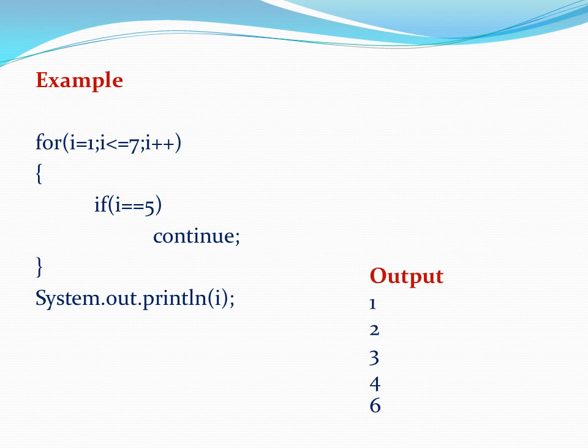Inside this we have an if condition, i equal to 5, continue. We see the output. First the i value is 1, 2, 3, 4. When it reaches the value 5, it skips that alone and executes the remaining, because we gave the condition i less than or equal to 7. So it executes up to 7, skipping 5.